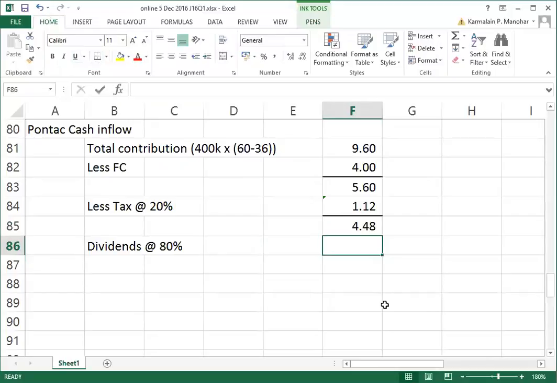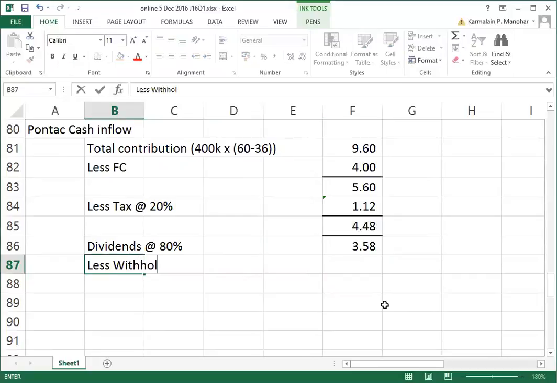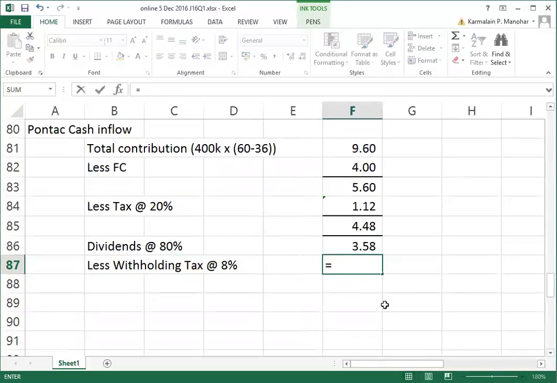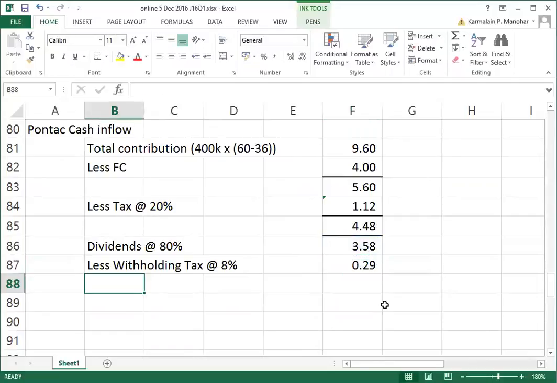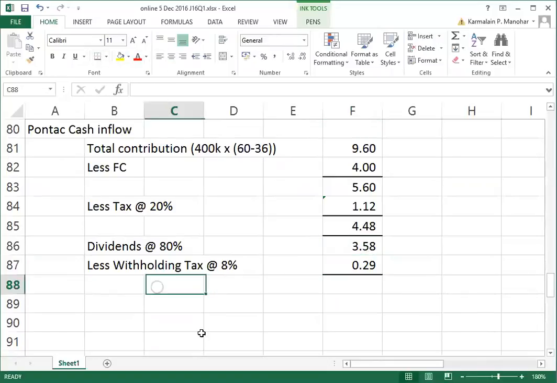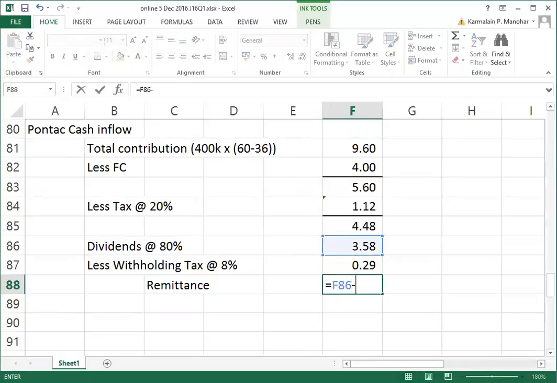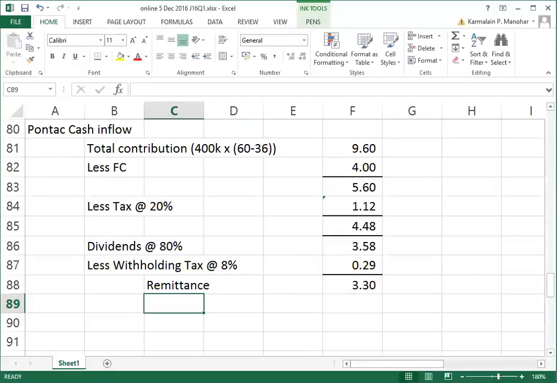So the dividends equal 0.8 times that, and less withholding tax at 8% equals 0.08 times that, and therefore remittance equals that minus that, 3. Right, any queries here?